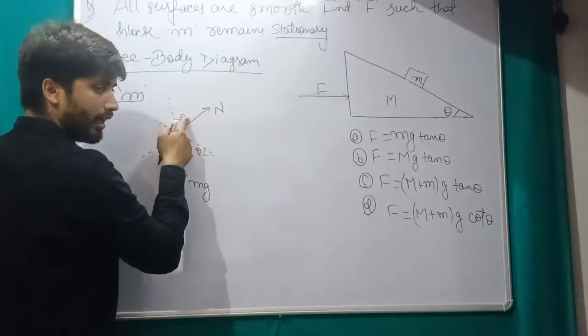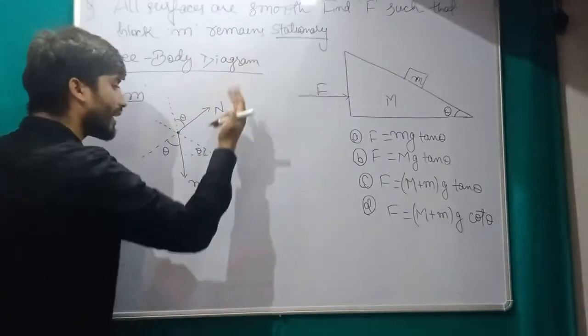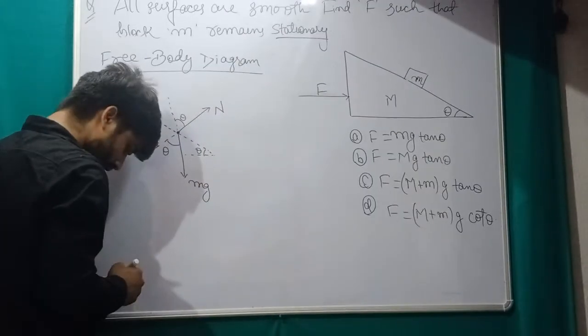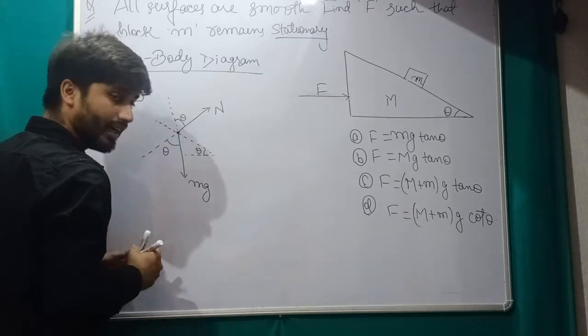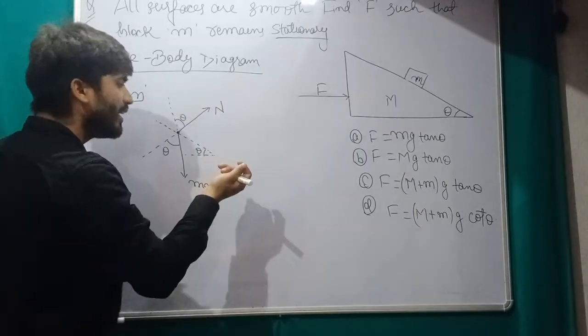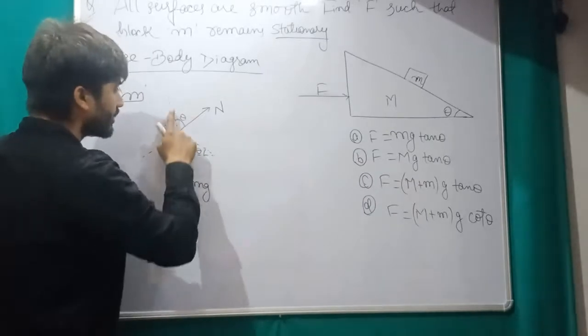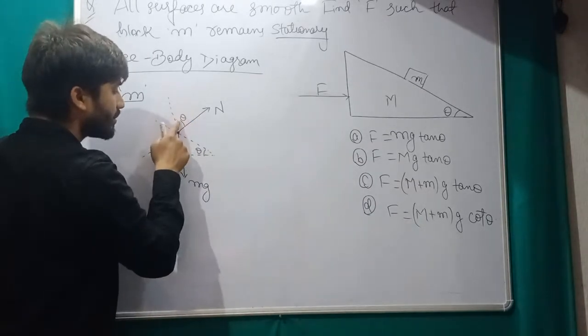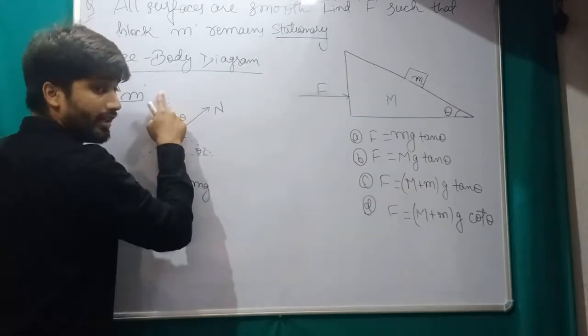Then there will be two rectangular components, the first in the vertical direction and the other in the horizontal direction. Theta is the angle with the vertical direction.